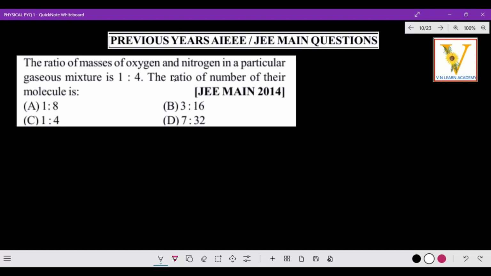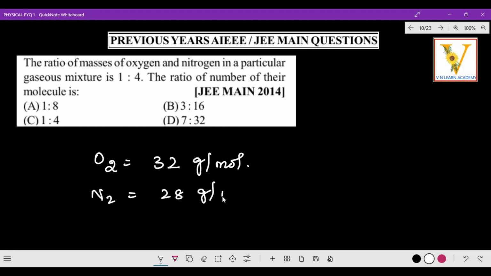So the molecular mass of oxygen and nitrogen you know very well. The molecule O2, how much is it? 32 gram per mole, right? And in the same way nitrogen N2 is 28 gram per mole, right?